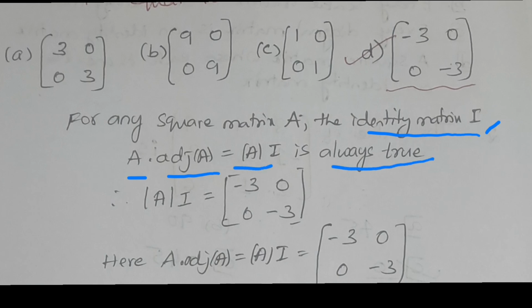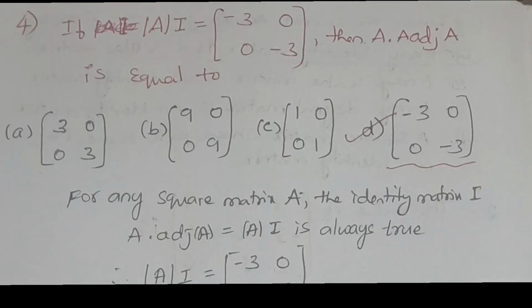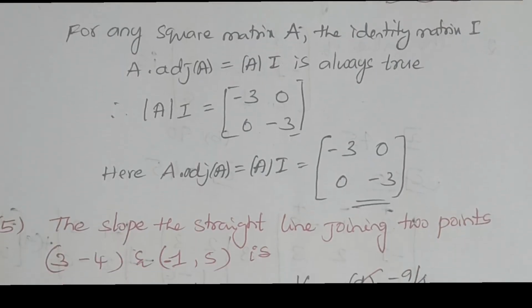So mod A I, the matrix as given here, is equal to minus 3 into 0, 0 into minus 3. Same way adjoint A, according to this, proves that A into adjoint A is equal to mod A I matrix. You will get the answer minus 3, 0, 0, minus 3. It is very easy if you know the definition and prove it.